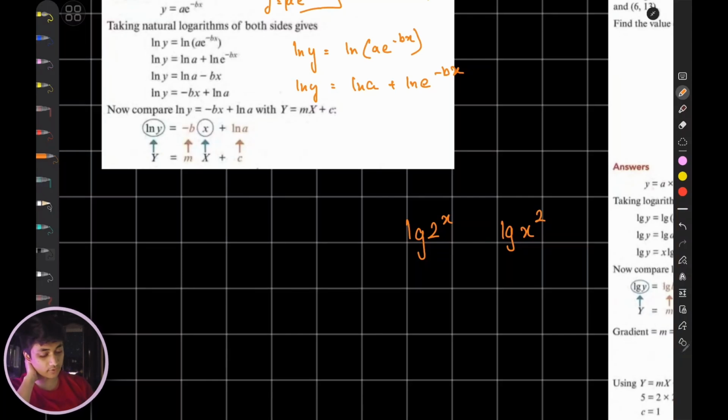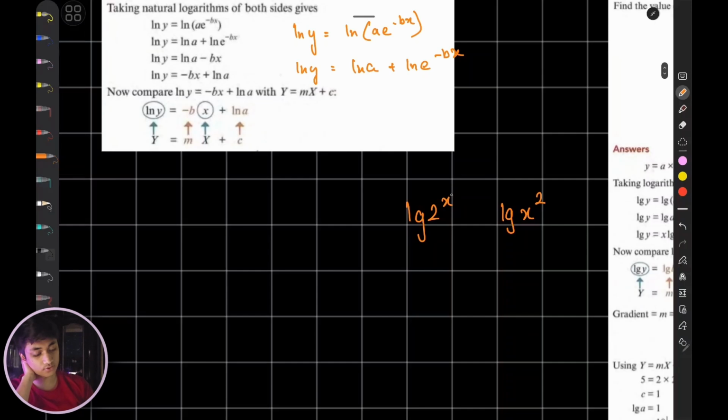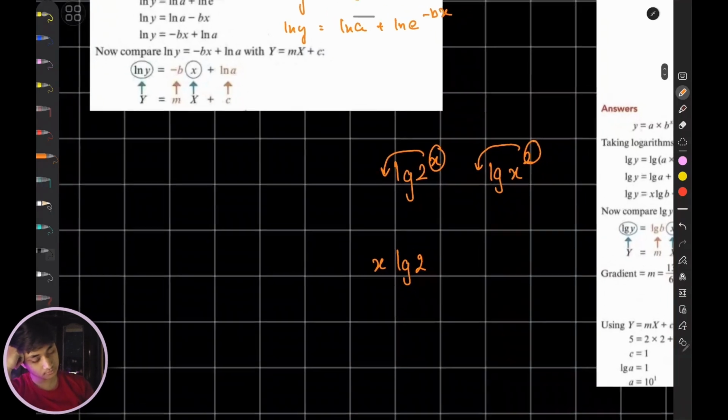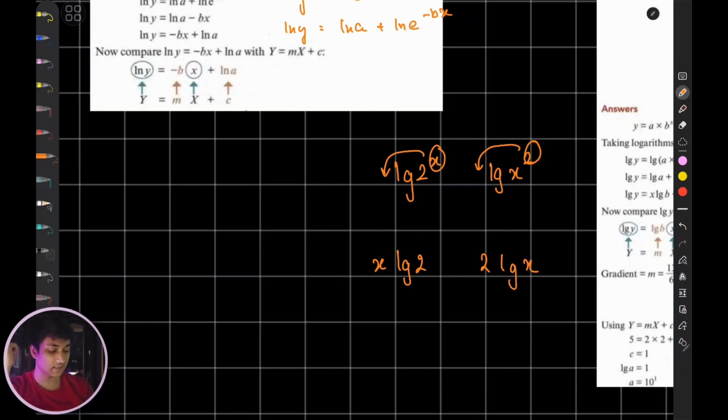Whenever you have any sort of power on your term, I can bring that power in front of the log function, right? So I'm basically going to write x times log of 2, and I can also write 2 times log of x. Can I write this? Yes, I can.